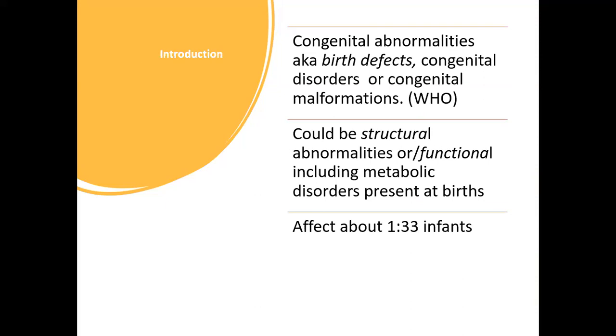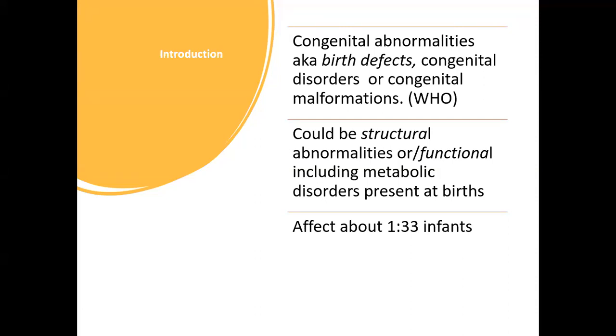Congenital abnormalities are also known as birth defects, congenital disorders, or congenital malformations. The WHO referred to congenital abnormalities as either a birth defect, a congenital disorder, or congenital malformations.